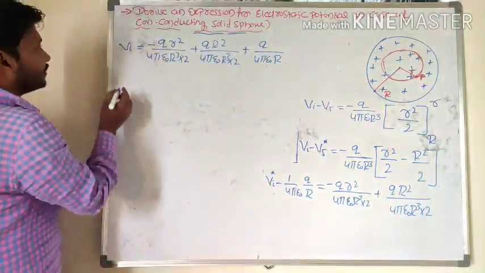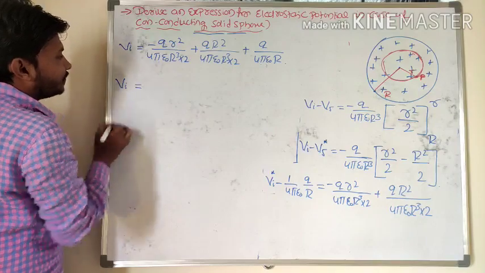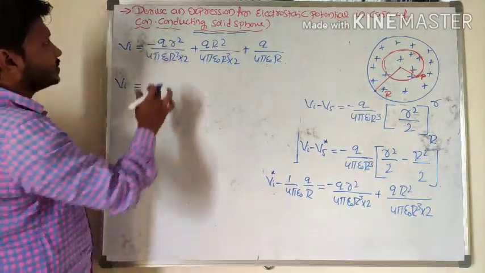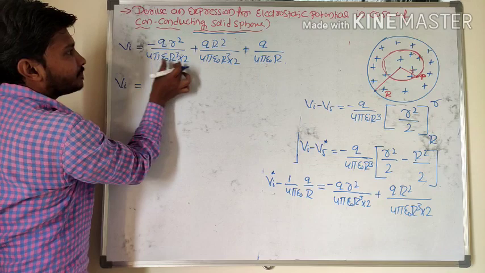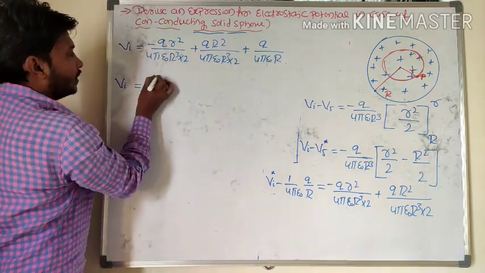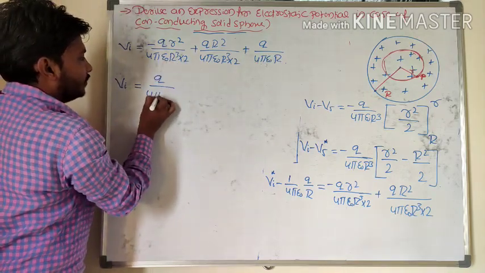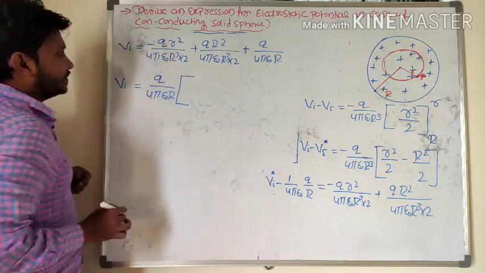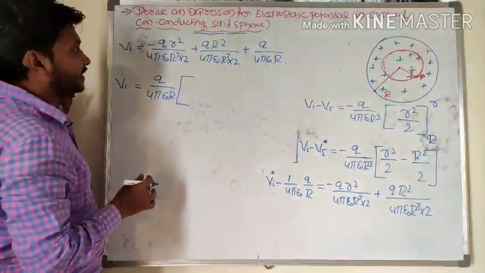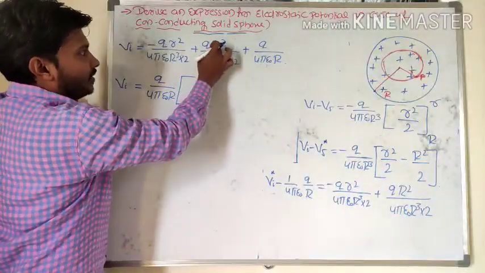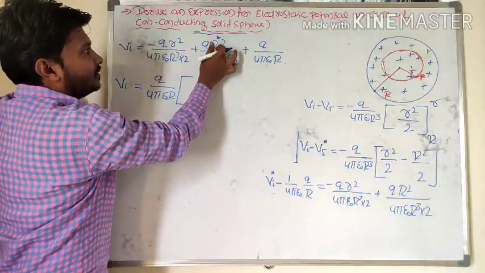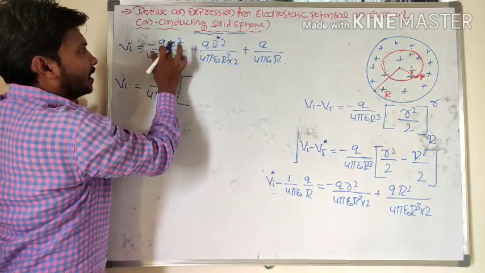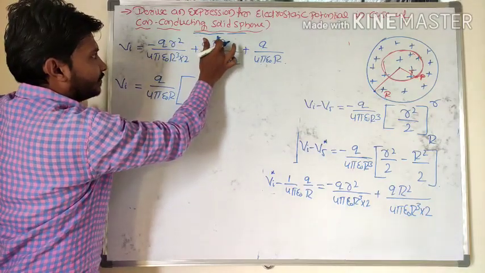In this equation, which one will be the common factor? q divided by 4 pi epsilon naught r. What is the common value here? q divided by 4 pi epsilon naught into r. If I take out these common factors, look here, r value is greater here, so r value will be greater than the smaller one. I will take this equation first.